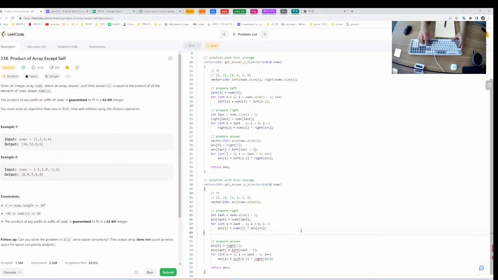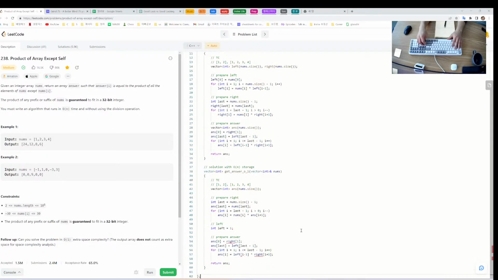So left and left one, right? So left production before I is this one.